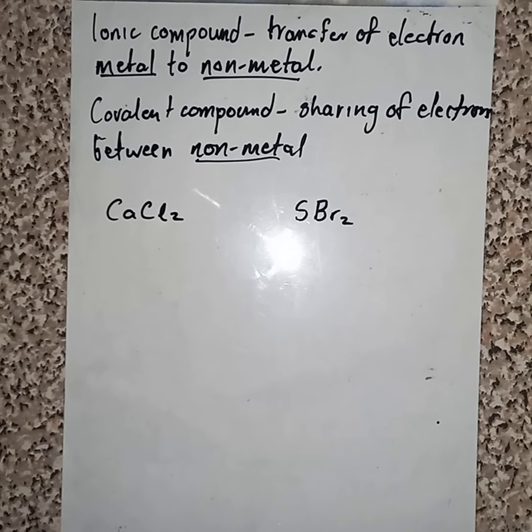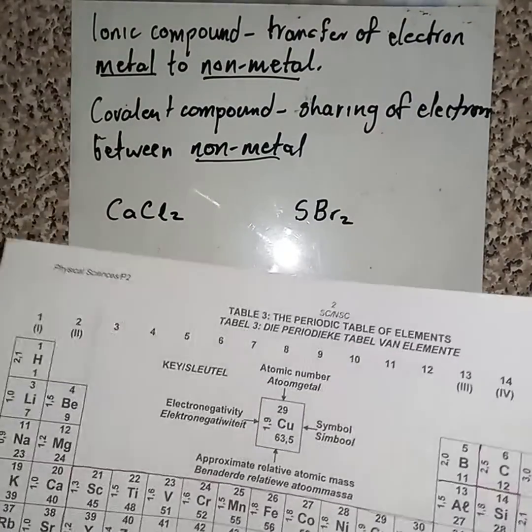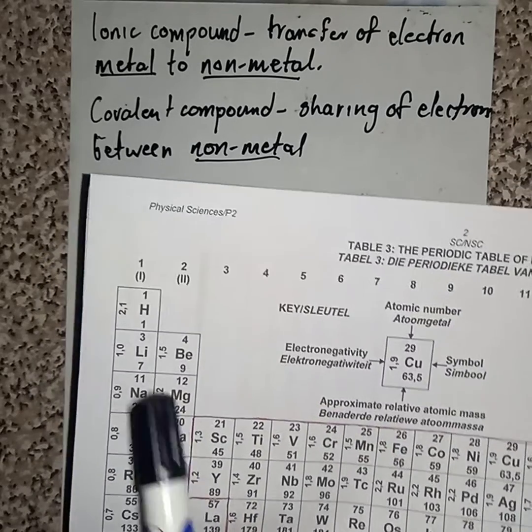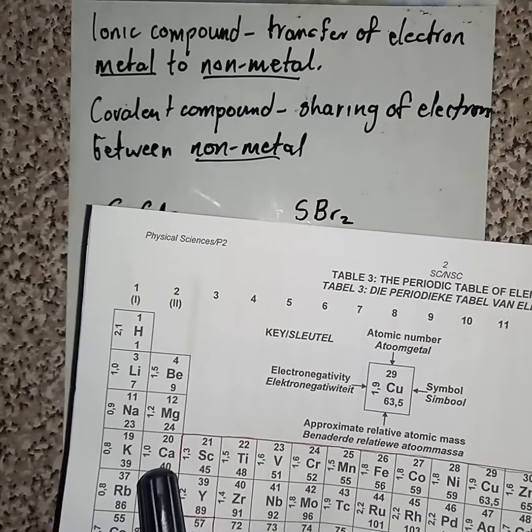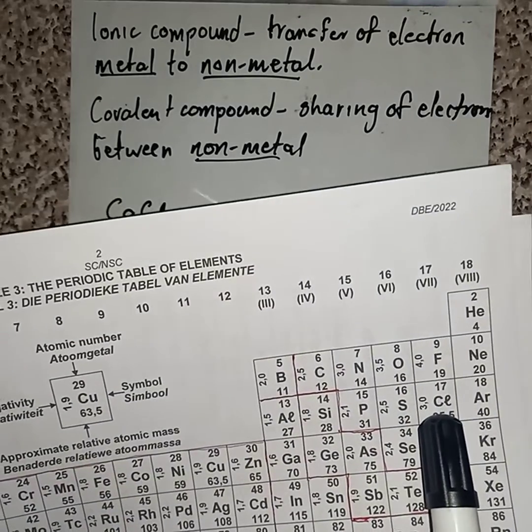From our periodic table, let me take my periodic table. Let's look. We have calcium. Where is calcium? There's group number 2. It's a metal. Cl, somewhere there, it's a non-metal.